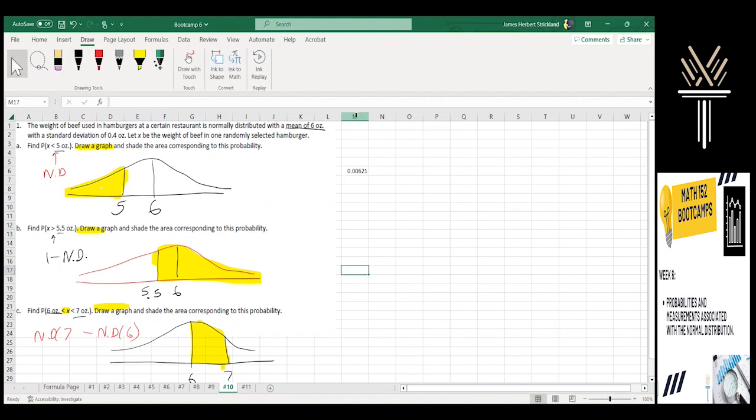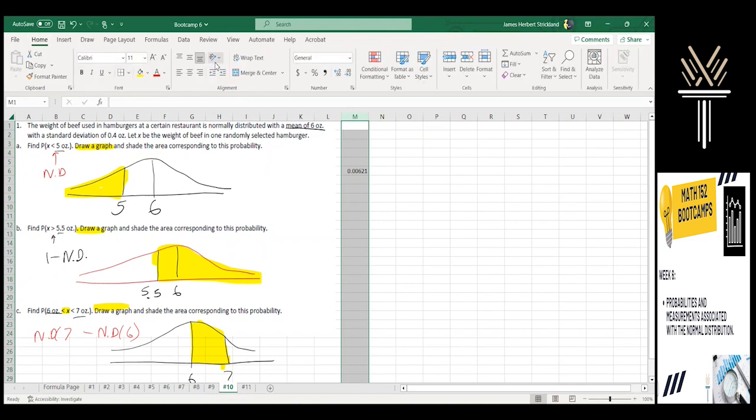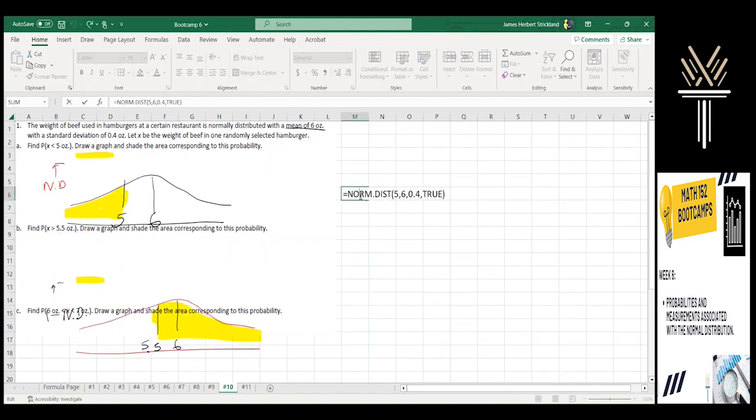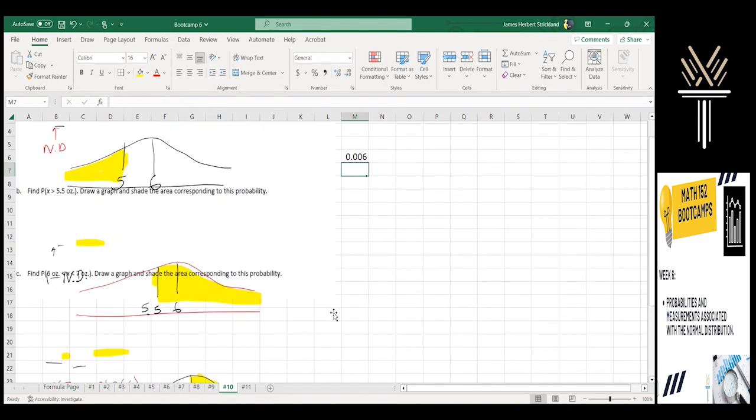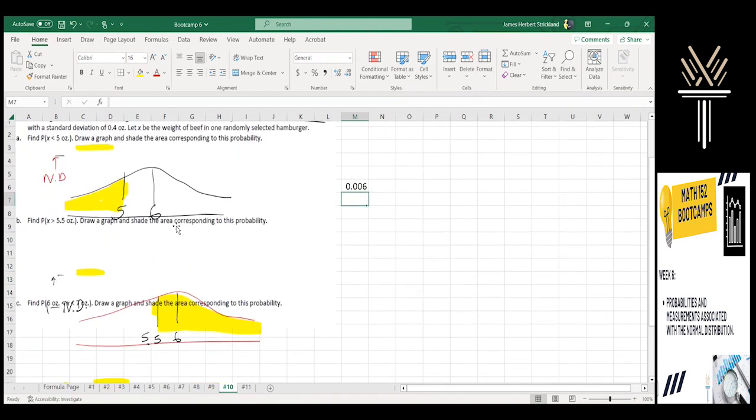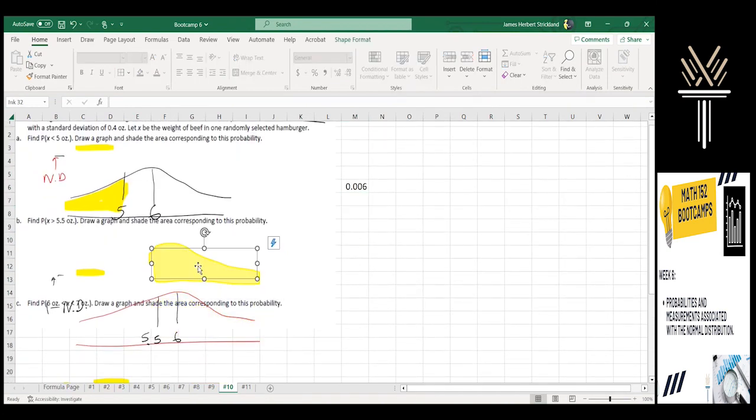And yes, I will make my font larger for us. Click on that again, and there you go. So the 5 from the question itself, and then 6 and 0.4 came from the paragraph above, and always true. The second calculation was this one up here. I'm just going to try to move it back.